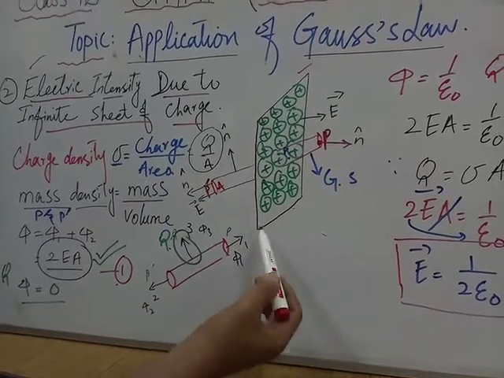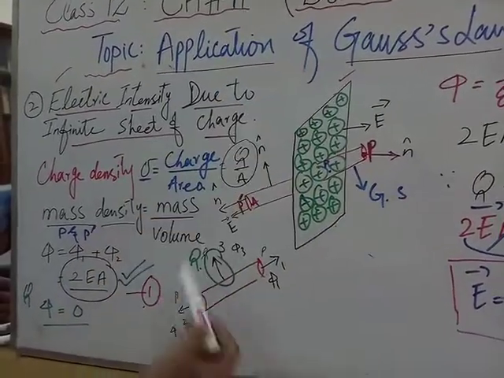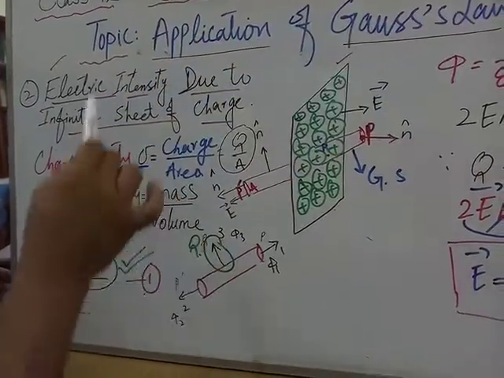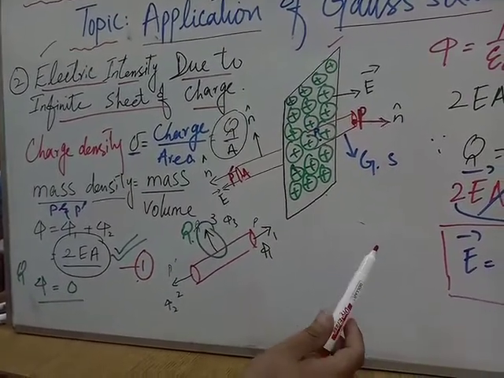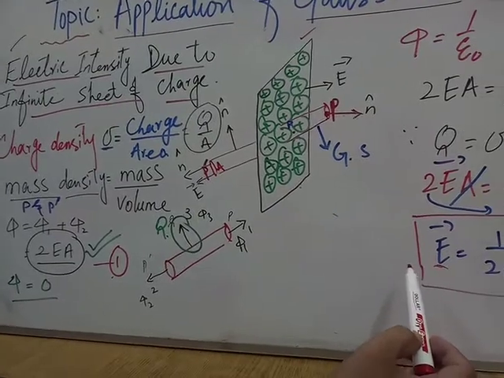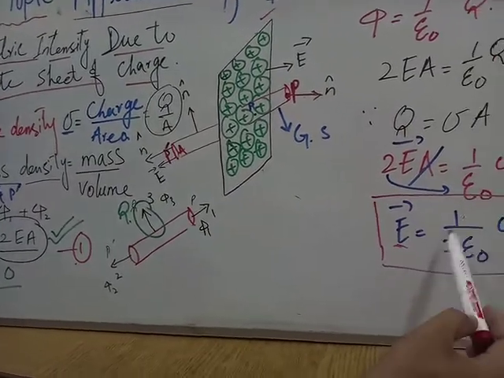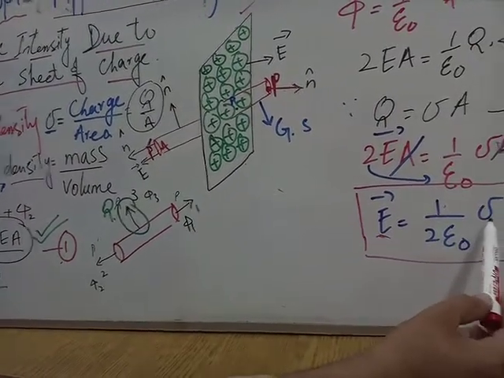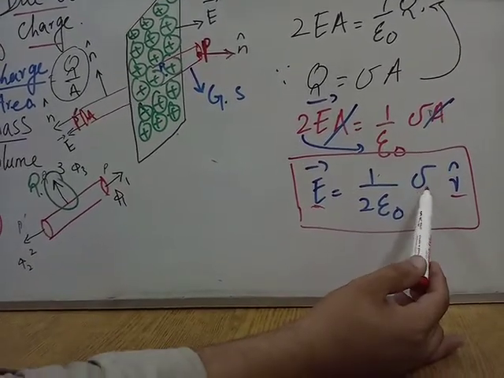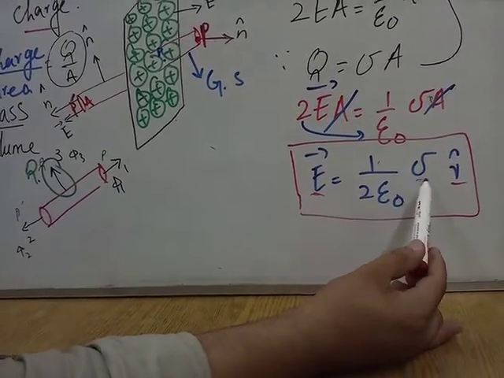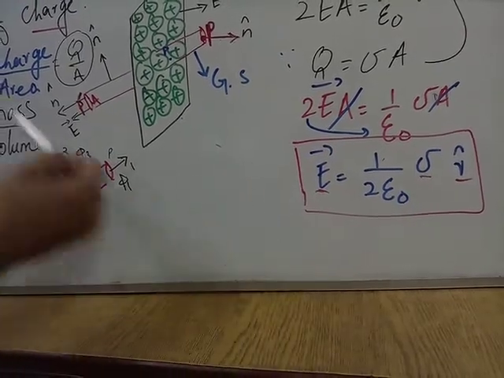This sheet may be like this whiteboard. This whiteboard contains n number of charges. So we can find the electric intensity for an infinite sheet of charges as 1 over 2 epsilon naught times sigma, which is the charge density. Charge density is new for you, so we explained it.